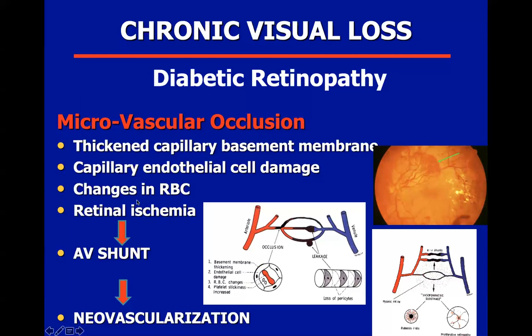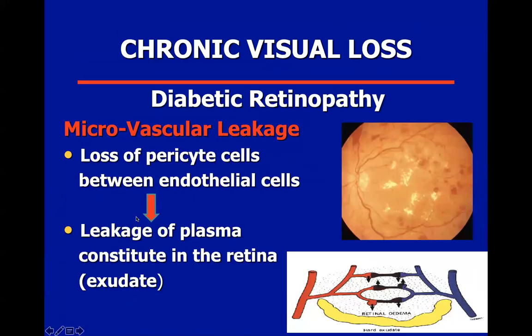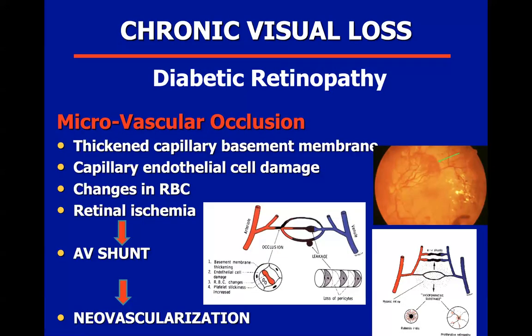Then that's when you develop your retinal ischemia. And because you have your retinal ischemia, unfortunately, you get what we refer to as AV shunts. You can see them here, your AV shunts. And then unfortunately, you get your neovascularization, which is your vasoproliferative substance.